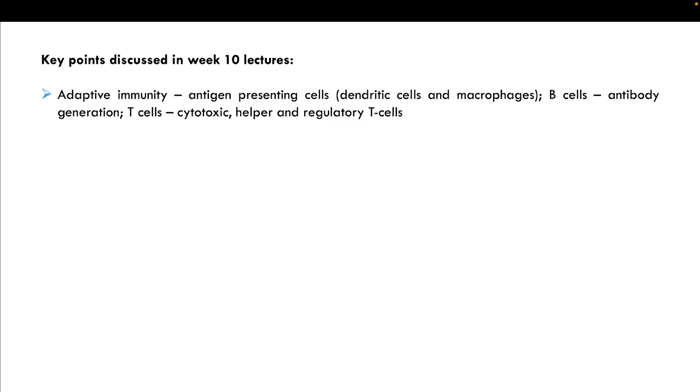So starting with adaptive immunity. In the last week, we have been introduced to the concept of immunity, and the reason why we need to learn about it is in the context of biomaterials being introduced in a human body.